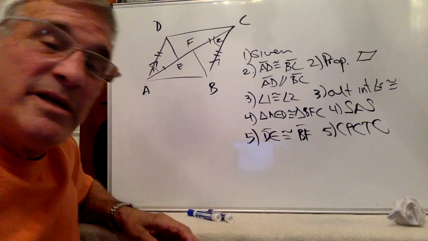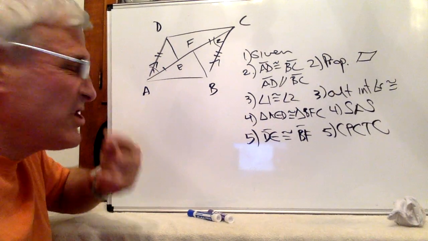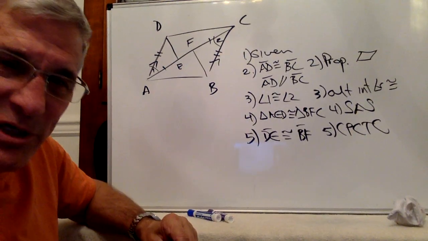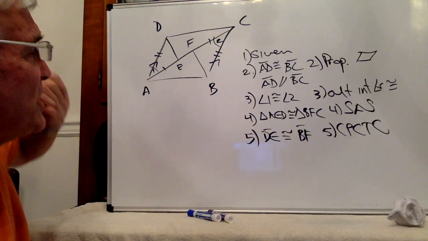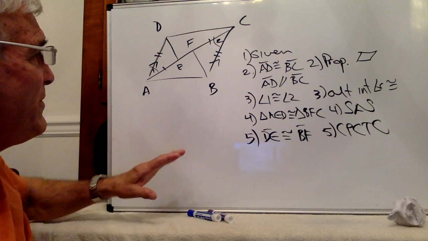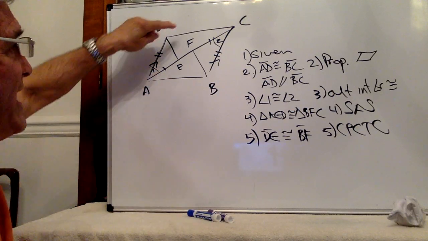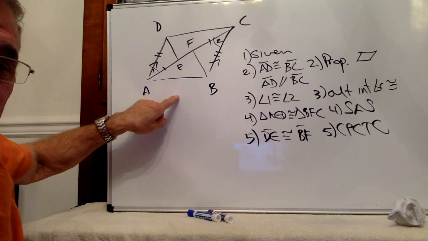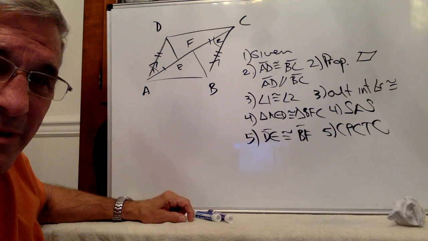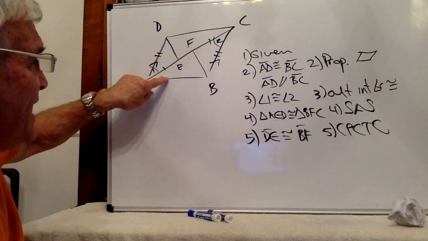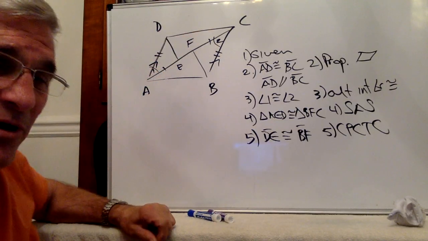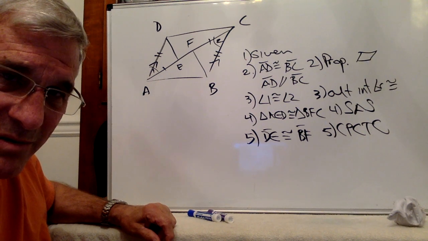You could have done the two big triangles. It just involved one extra step, addition property. With the two big triangles, you're going to do essentially the same thing. You're going to say DC is parallel to AB and congruent, property of parallelograms. You're going to get this angle and that angle congruent. They're alternate interior angles.